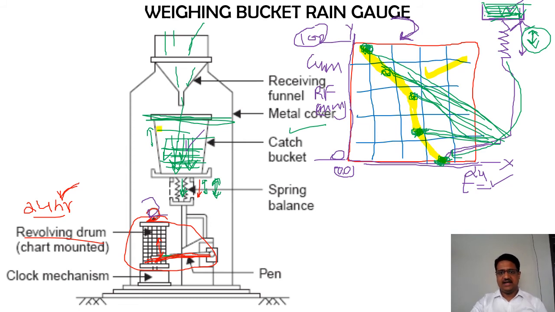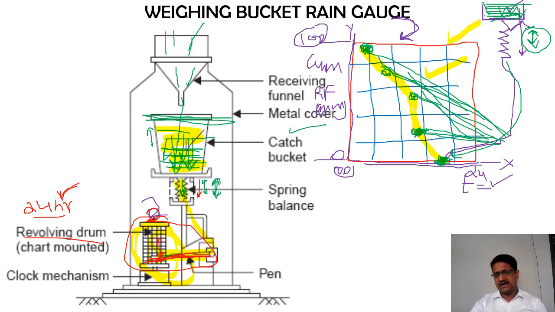Keeping that in mind, this is the basic working principle. Once this bucket starts to fill up, the spring gets compressed, and that movement of the spring is transferred through the mechanical system to the pen, and that pen is going to mark on the rotating drum, and with this rotating drum, ultimately you are going to get a graph something like this.